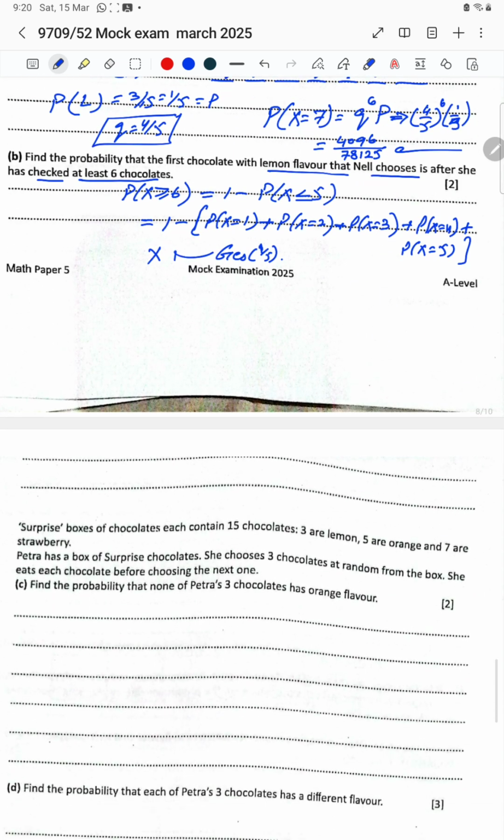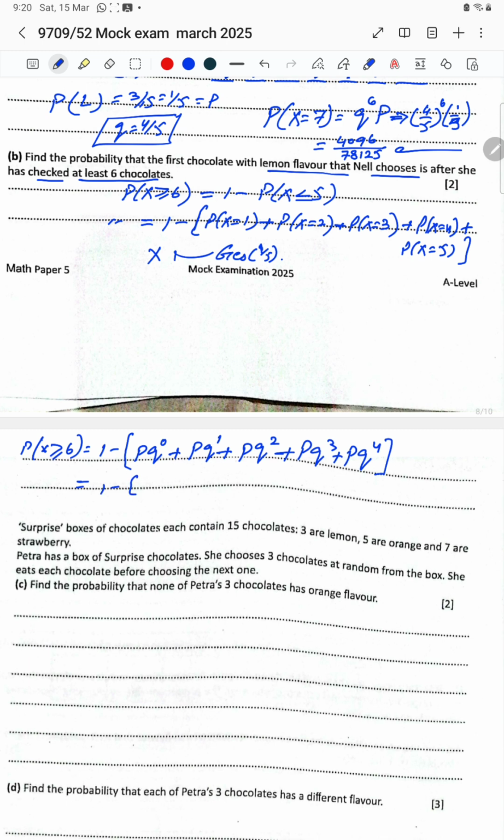So the probability of X greater than or equal to 6 will be 1 minus all this. If she won first, it means nothing to lose; in the second attempt X is 2, so she failed once; if 3, she failed 2 times; 4, 3 times; and 5, she failed 4 times and won on the fifth. Now just replace the values of p and q here and you can calculate it.